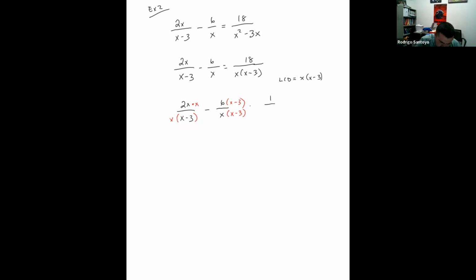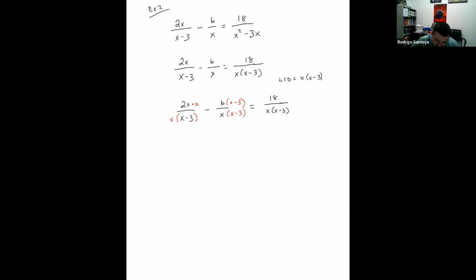And then this 18 over x times x minus 3 doesn't look like we have to multiply it by anything. So any questions on that part right there? Now we're just multiplying it by whatever it's missing, right, in order to look like that LCD.